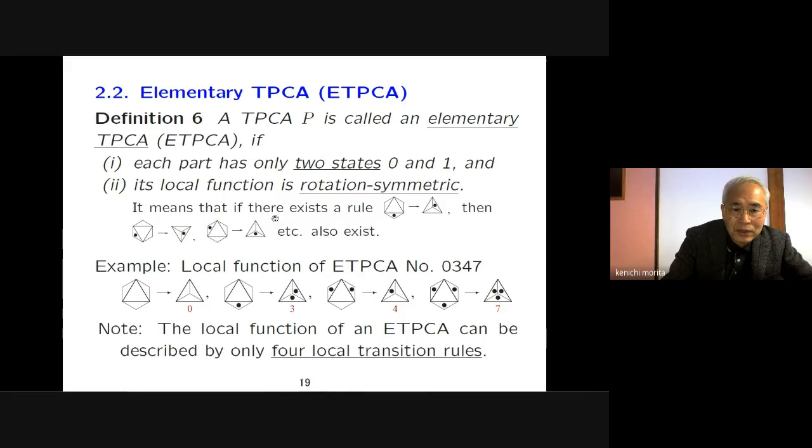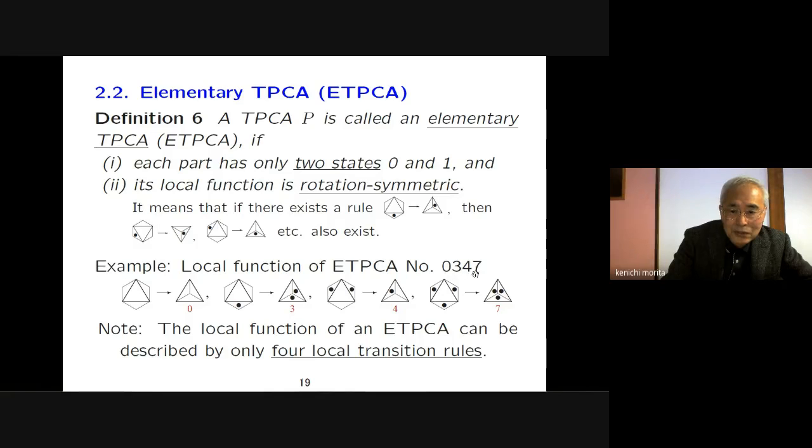It means that if there exists a rule like this, then rotated ones by a multiple of 60 degrees also exist. This is an example of an ETPCA.